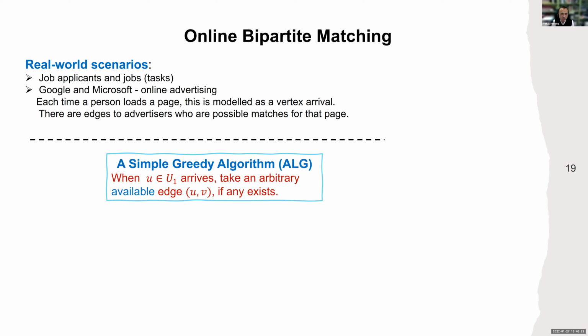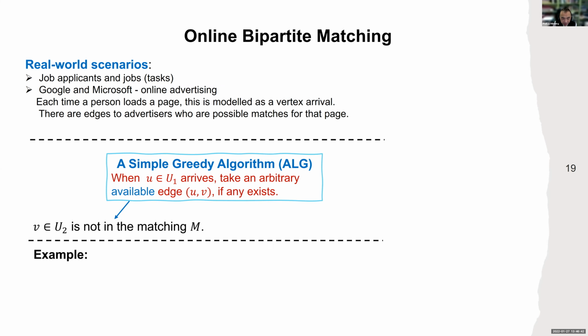It doesn't even have any greedy element in it, right? But still, it's greedy, okay? In our setting, there is no weight on the edges, so it's not so much greedy. Now, you just need to make sure that this V is not in the matching you already have, all right?